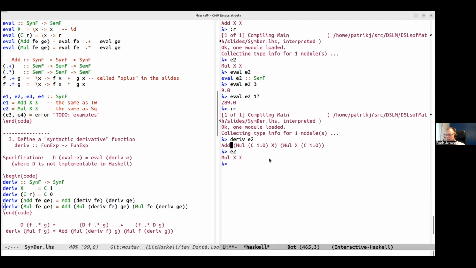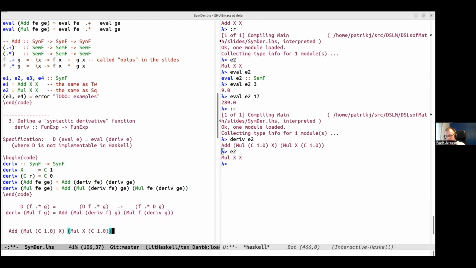It might not be very pretty, because if I take this expression down here, this is actually equal to the addition of the multiplication of constant 1 and x and the multiplication of constant 1 and x.